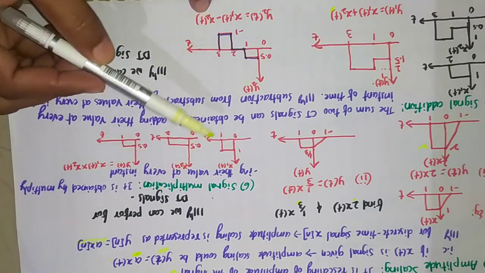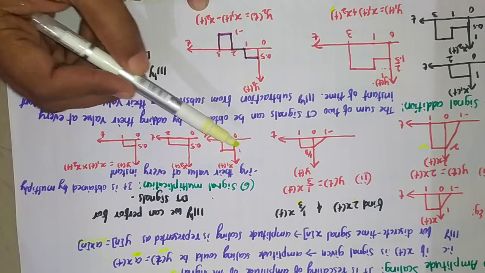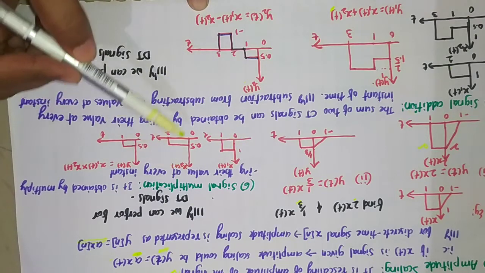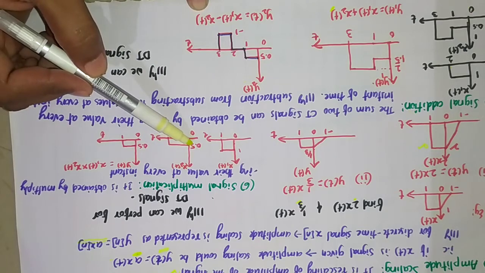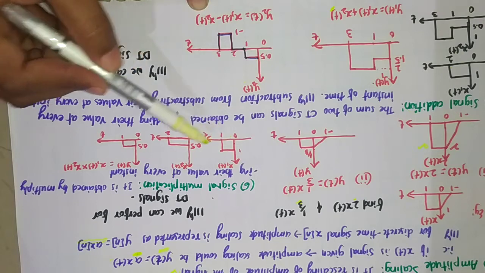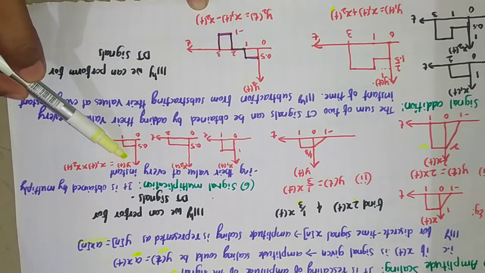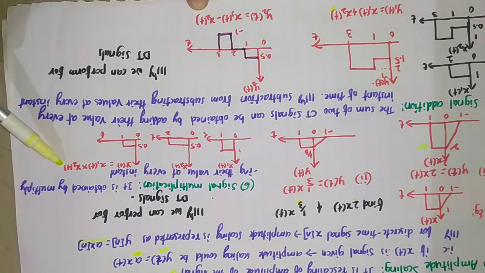Take an example here. x1 of t is from 0 to 1, its amplitude is 1, and x2 of t is from 0 to 2 with amplitude 0.5. These are the two signals. Now if you want to perform signal multiplication on them, then y of t is nothing but x1 of t into x2 of t.